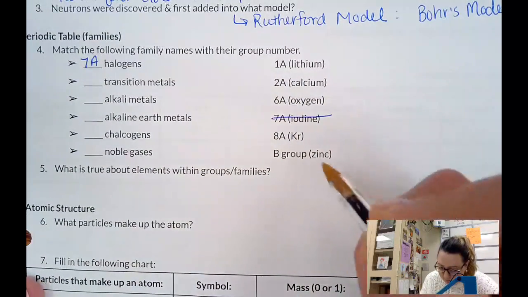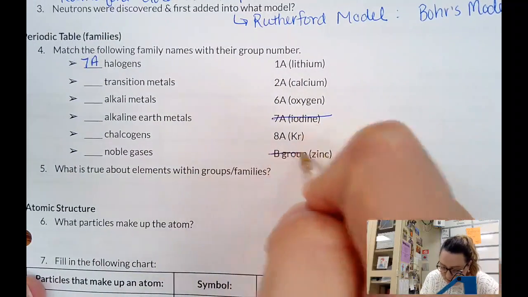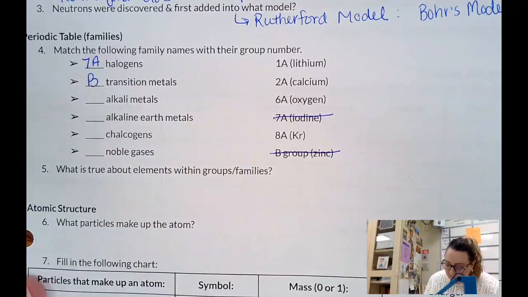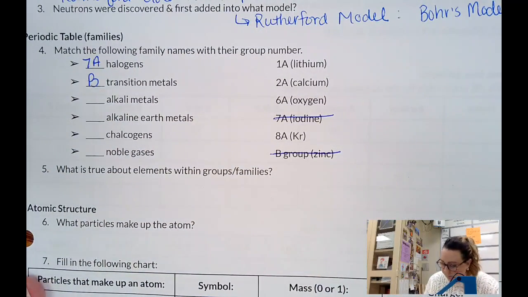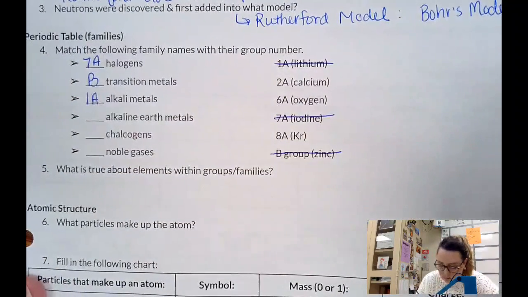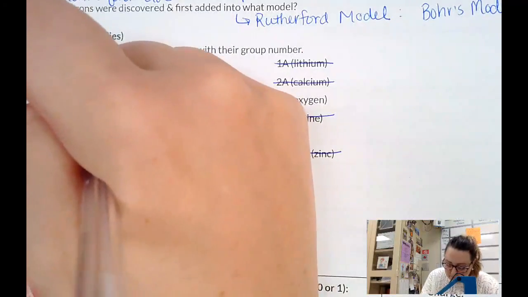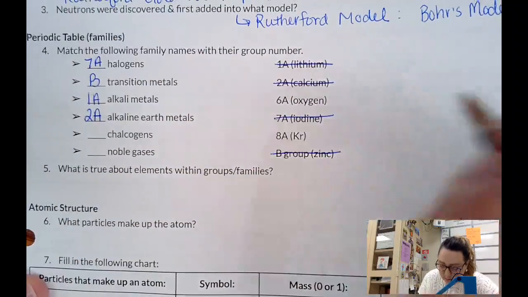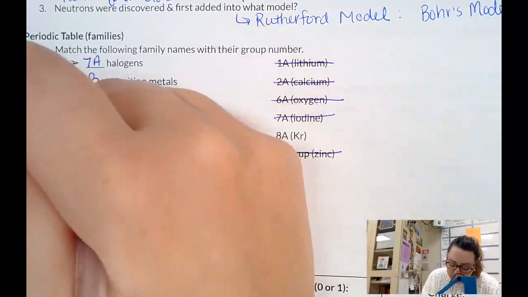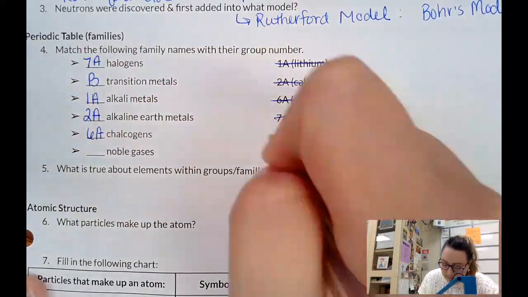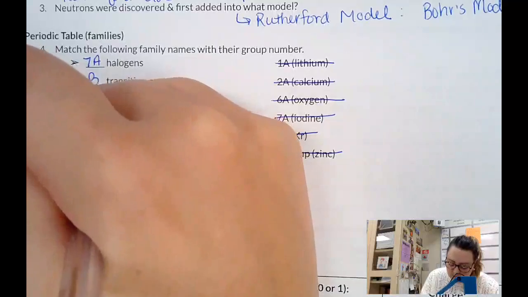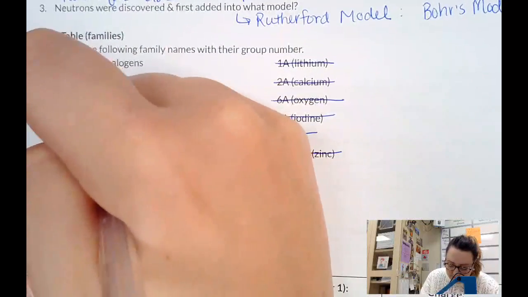Transition metals would be zinc. Alkali metals are in that first column. That'd be lithium. Alkaline earth metals is in the second column. Calcium. Chalcogens, also known as the oxygen family. And noble gases, the very last column. Oh, instead of krypton, I'm supposed to put A.